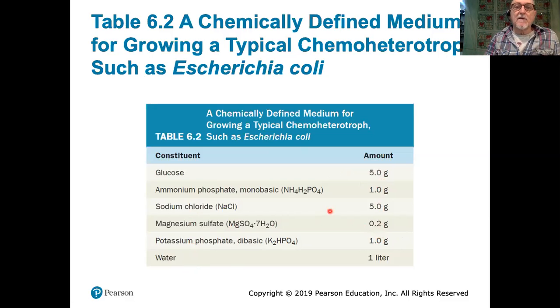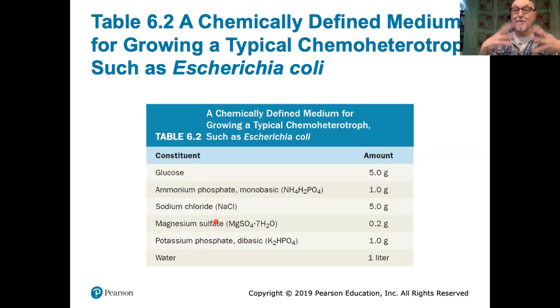When you look at this, the reason E. coli is able to grow on this is because it can manufacture many of its own nutrients, as long as it has a good source of carbon and energy, and a source of nitrogen, for example, and some other things: magnesium, potassium, a phosphate source, etc. Here, it can manufacture everything it needs. It can manufacture its own amino acids. It can manufacture its own growth factors.